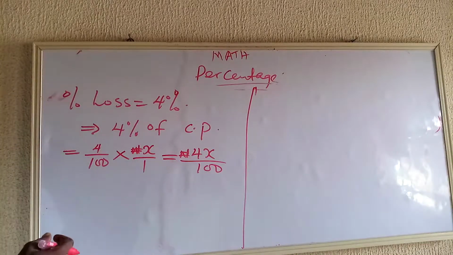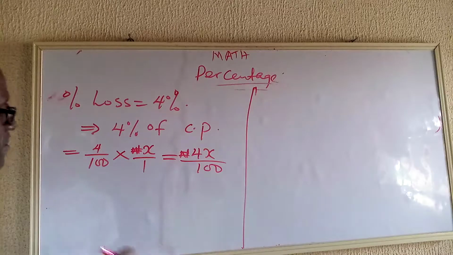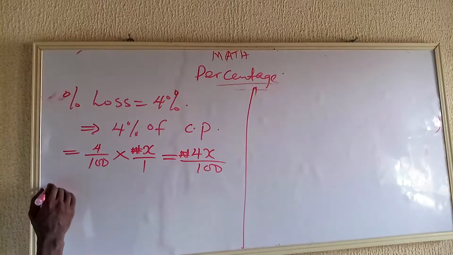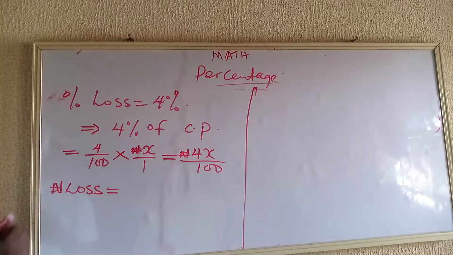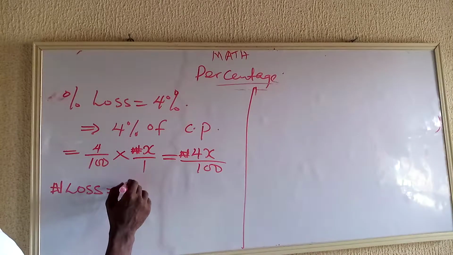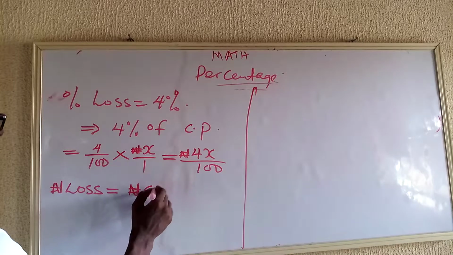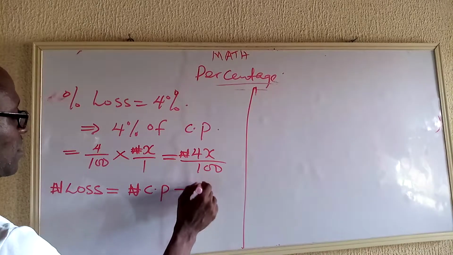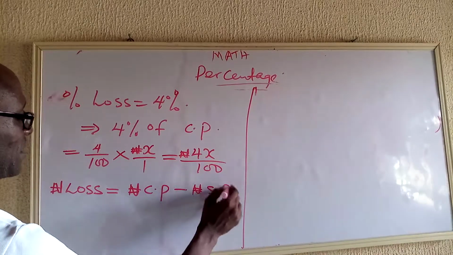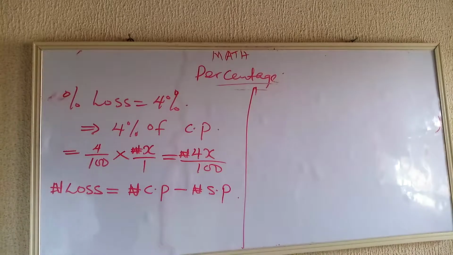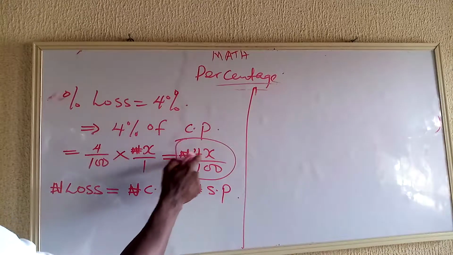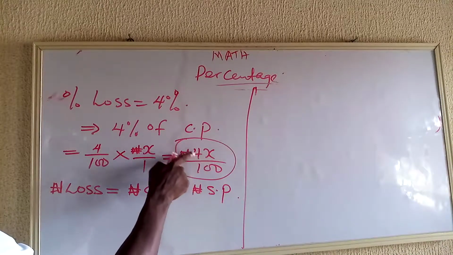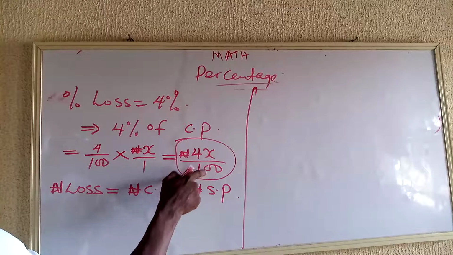All right. Now, having done this, the next thing is we want to express the cost price, the selling price, and the loss all in naira. Do not forget that loss in naira, according to the previous note, is cost price in naira minus selling price in naira. So let's substitute. Please take note, it's not 4/100, it's 4x over 100.